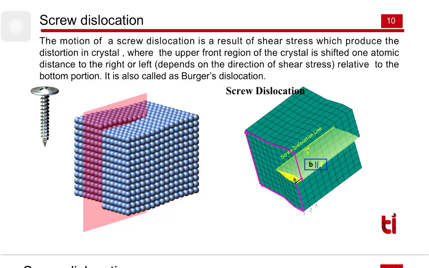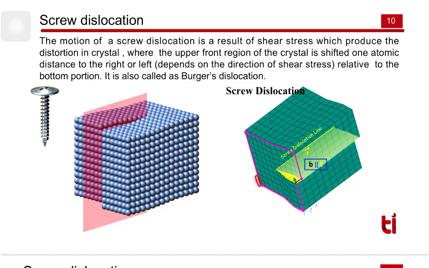Now you see, if it is a perfect crystal like this, then we make a circuit, a Burgers circuit, and we will reach the same position from where we started in the case of a perfect crystal. Now if you see here, let us suppose I started here.